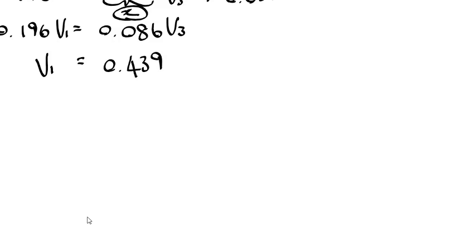You could have rounded it to 0.44, but you could have left it this way as well. This one you have to store, so I'll store this value in Y on my calculator. Shift store in Y. Now we have a formula for V1. This will be our third equation.